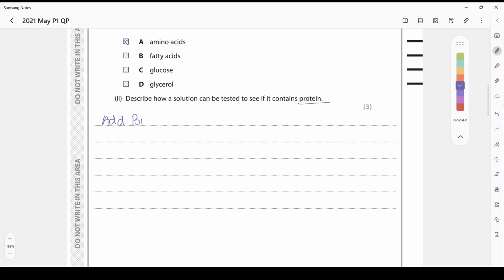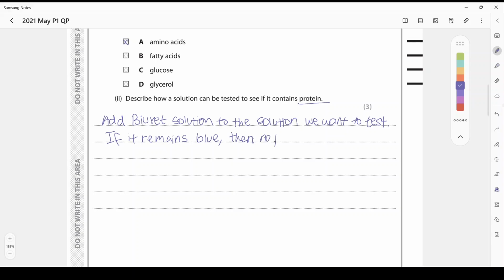So we'd say add Biuret solution to the solution to test. If it remains blue, then no protein is present.